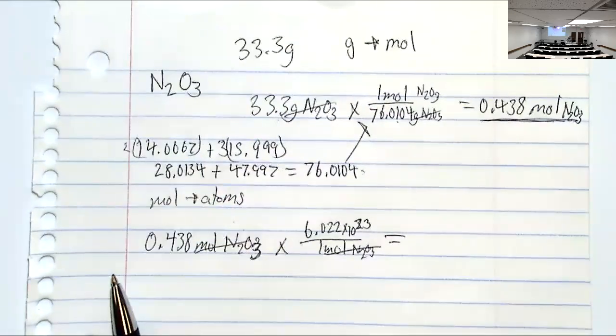So, calculator. Go up to it and clear all that. Times 6.022 times 10. Oh, my calculator won't do that. Do you have a calculator that'll... My phone calculator is the basic calculator.